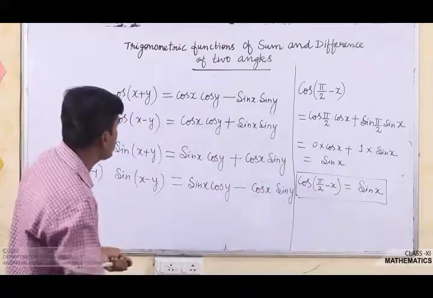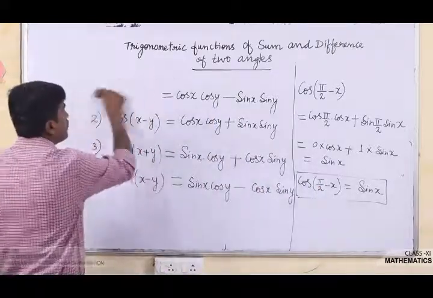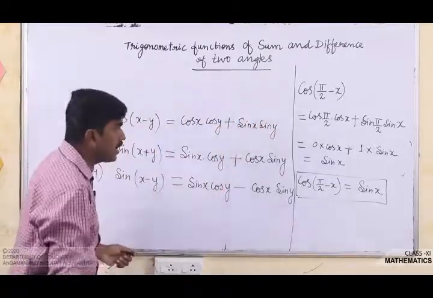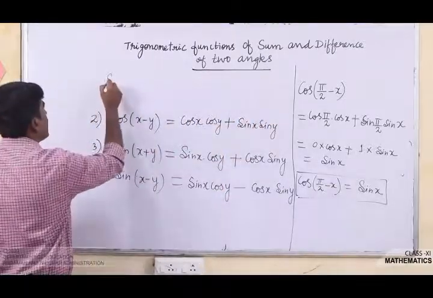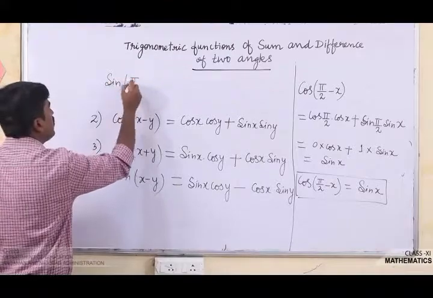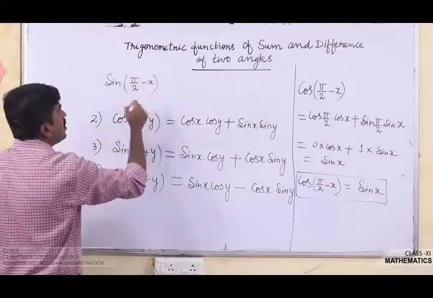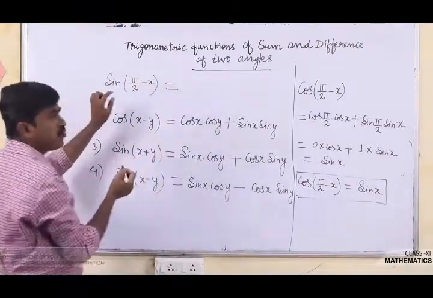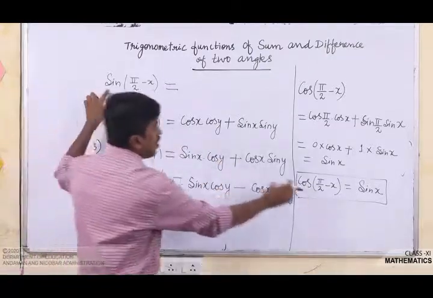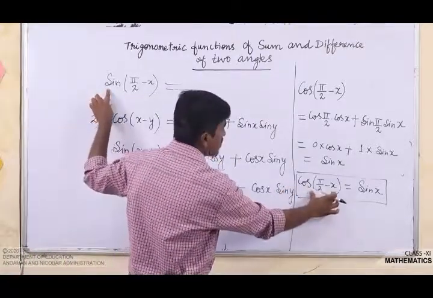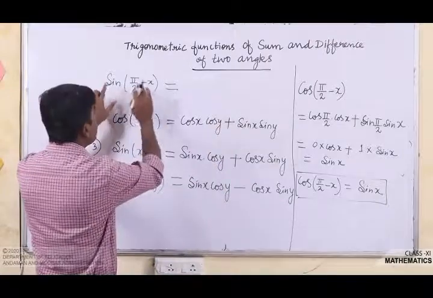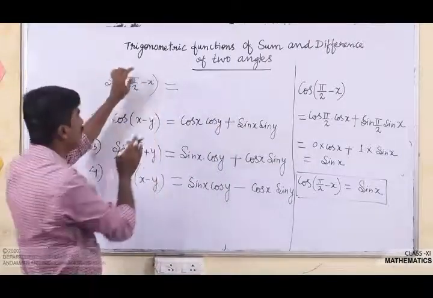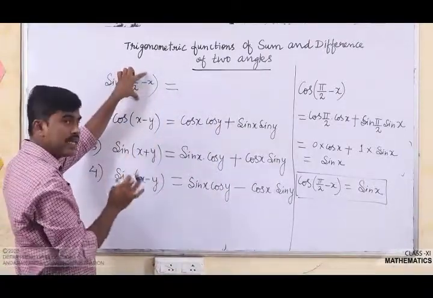We can also find the value of sin of pi by 2 minus x. Now, we just obtained that cos of pi by 2 minus x is equal to sin x. So, for sin of pi by 2 minus x, consider pi by 2 minus x as a single angle.